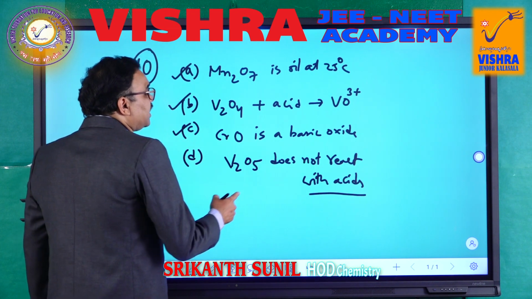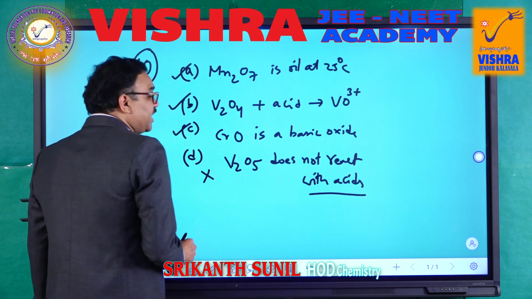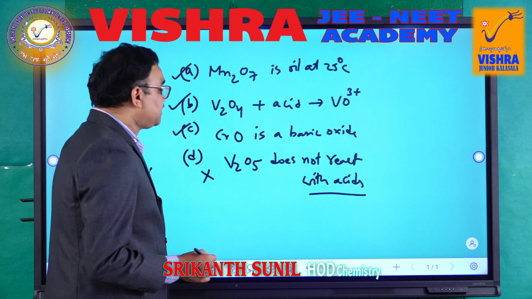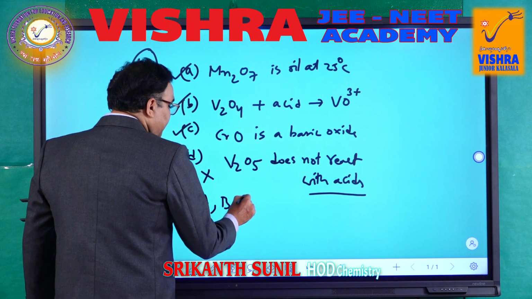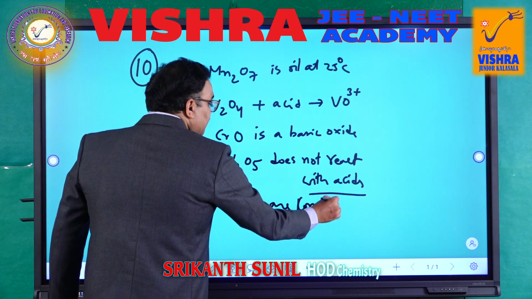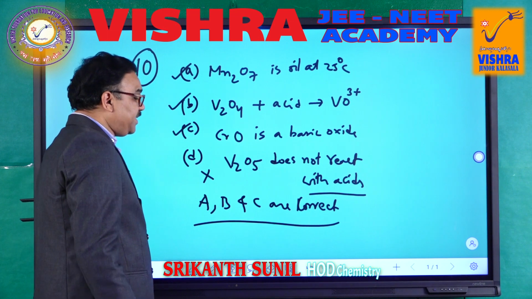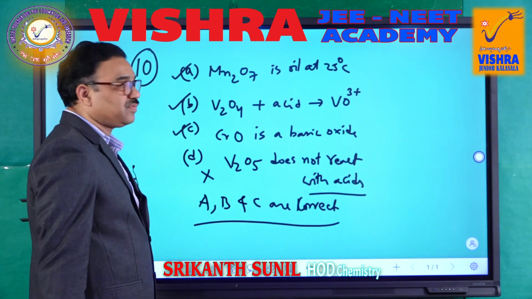And this one, they said, does not react with acid. So this statement is wrong. It will react with acid as well as base. So that's why A, B and C are correct statements. So choose the option where A, B and C, all three, are correct. This one is the solution for the 10th one.